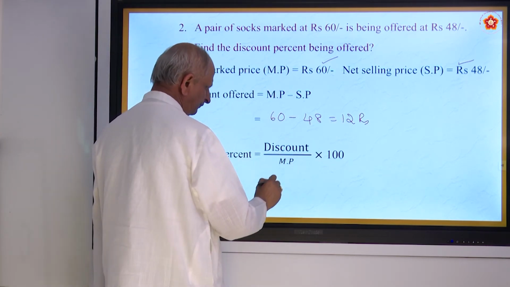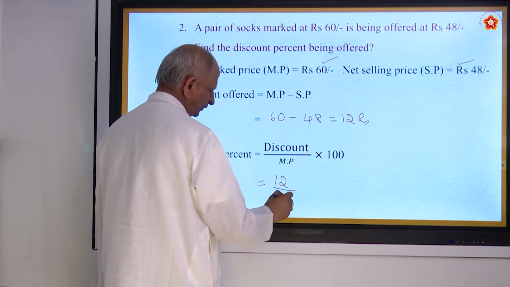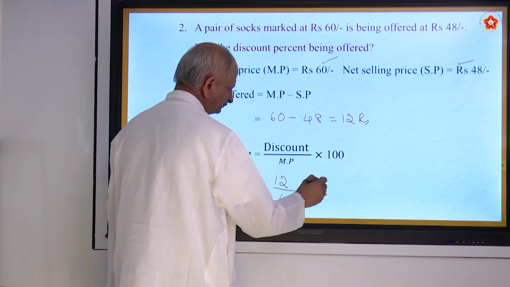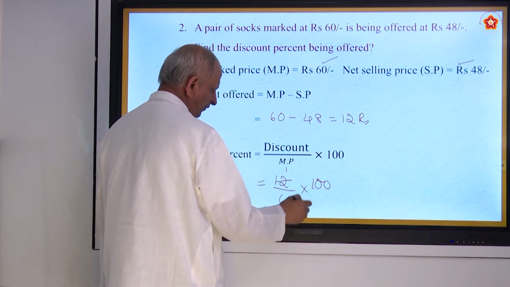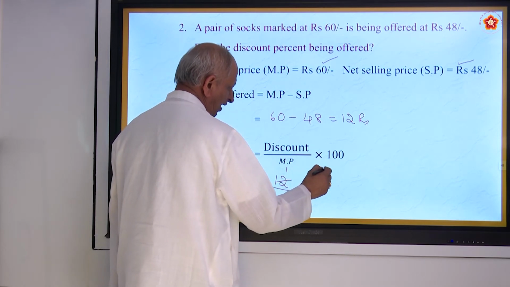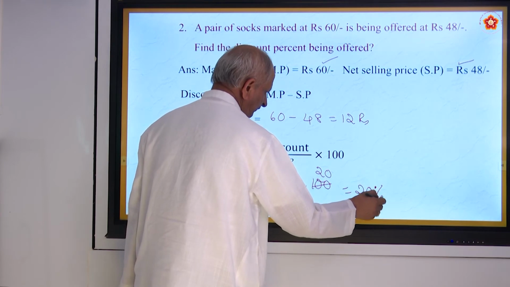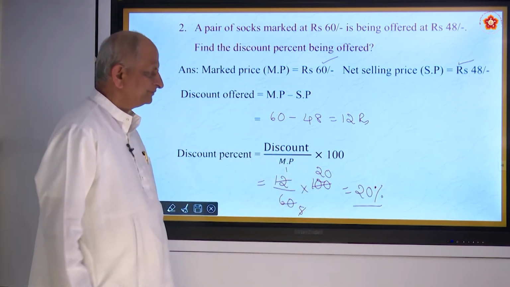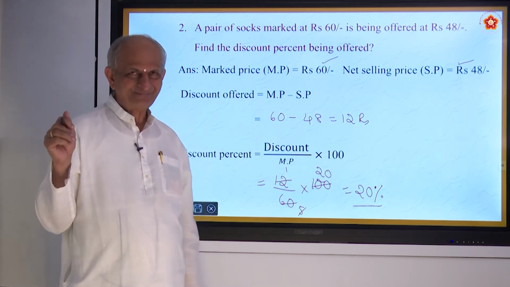Discount is 12 by market price 60, into 100. 12 ones are 12, fives are 5, ones are 5, 20s are 20. So the percentage of discount is 20%. Very simple question. All of you can do it now.